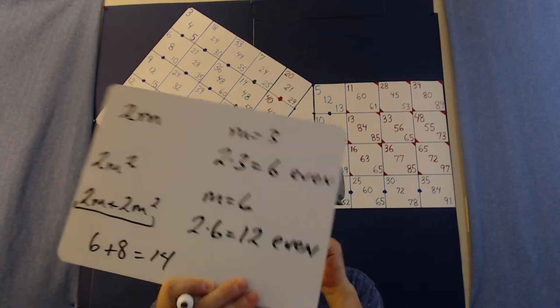Okay? And just on a side note, let's take an odd number. An even plus an even number gives us an even number, like 6 plus 8 equals 14.